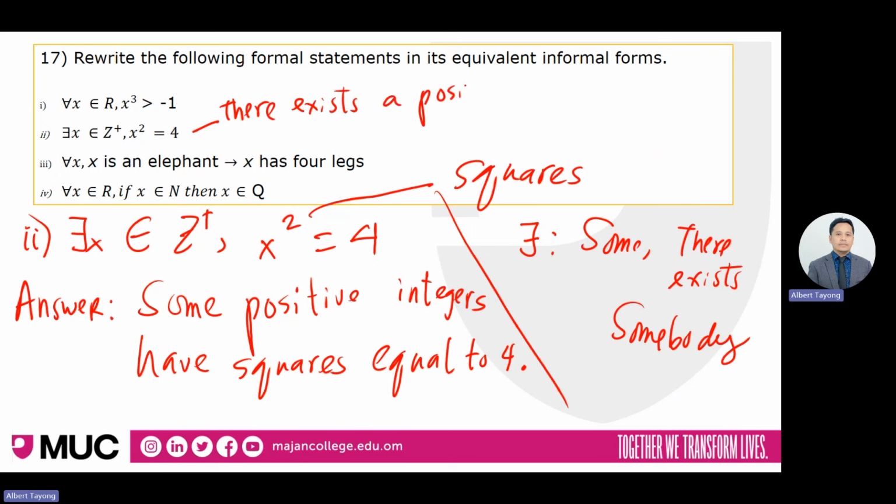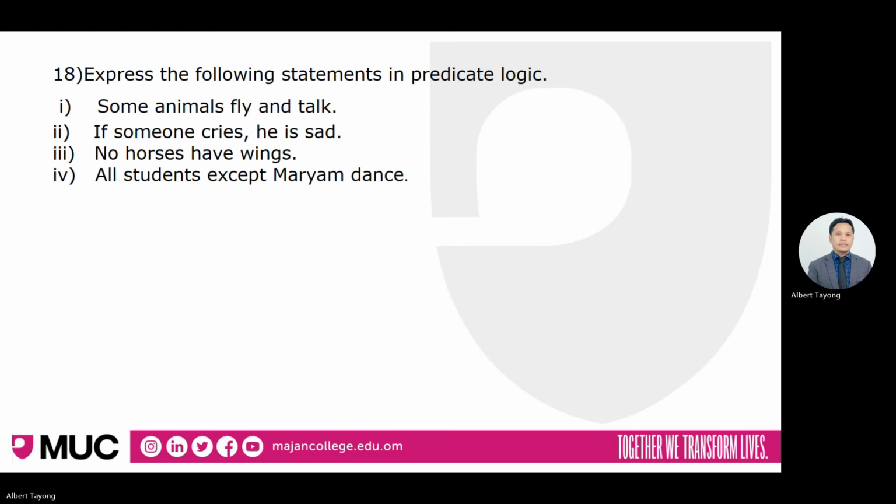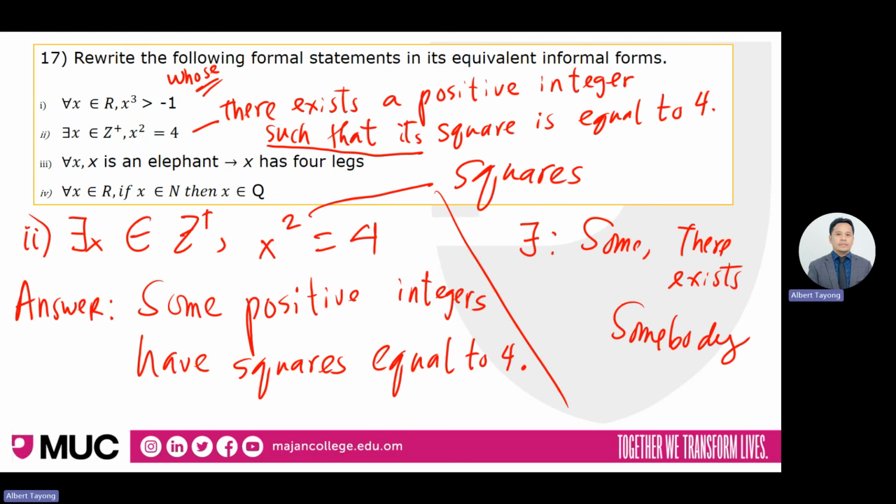It's going to be singular now because you use the words there exists, such that its square is equal to 4. Or you can say there exists a positive integer whose square is equal to 4. It's up to you. You can use the singular or you can use the plural form.